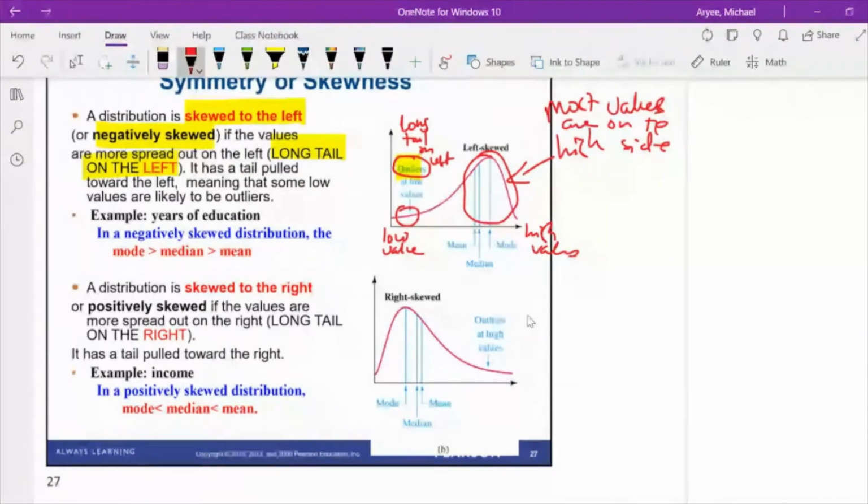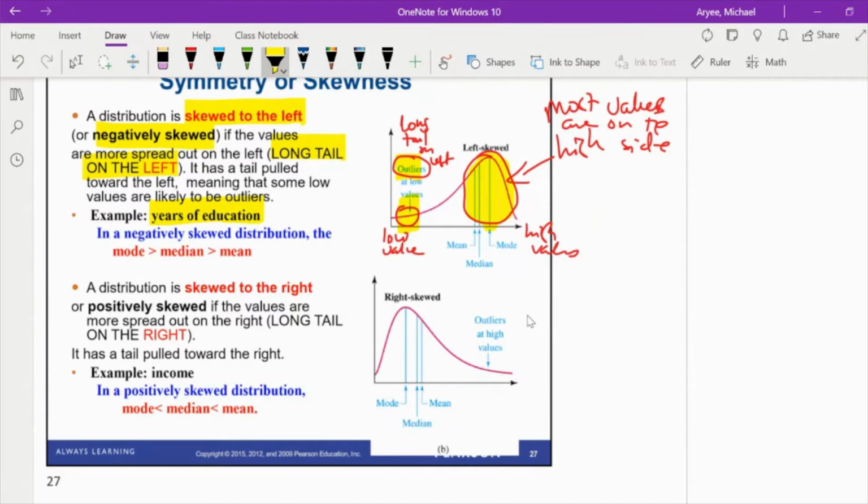Now, a good example of skewed to the left is the years of education. These days, very few people have only high school or less than high school. Most people have many years of education.